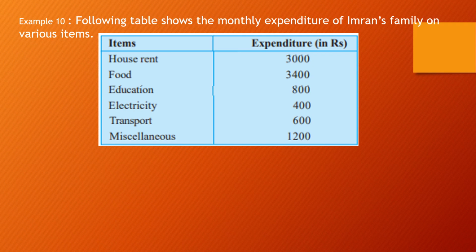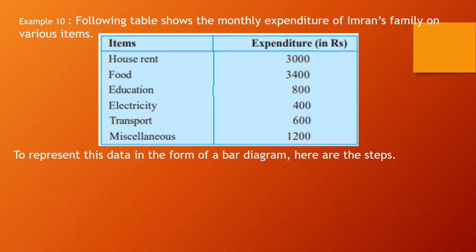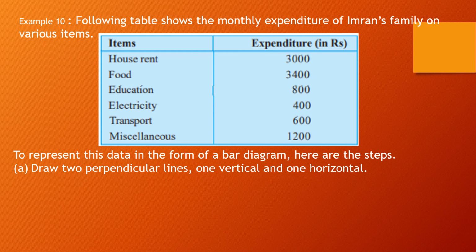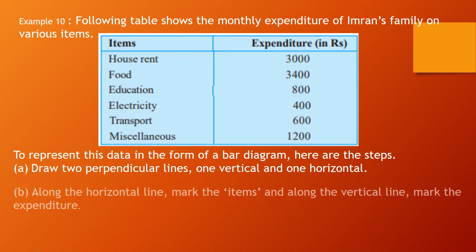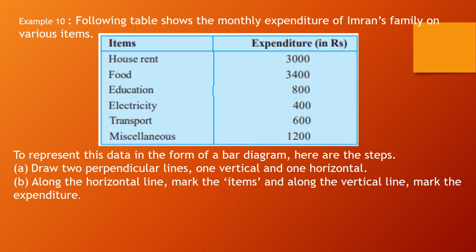To represent this data in the form of a bar diagram, these are the steps. First thing is to draw two perpendicular lines, one vertical and one horizontal. Second, along the horizontal line mark the items, and along the vertical line mark the expenditure.